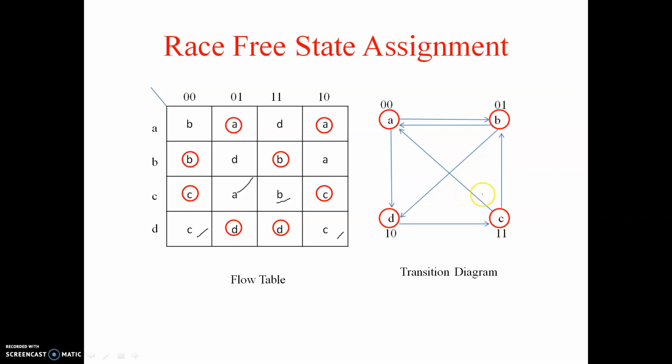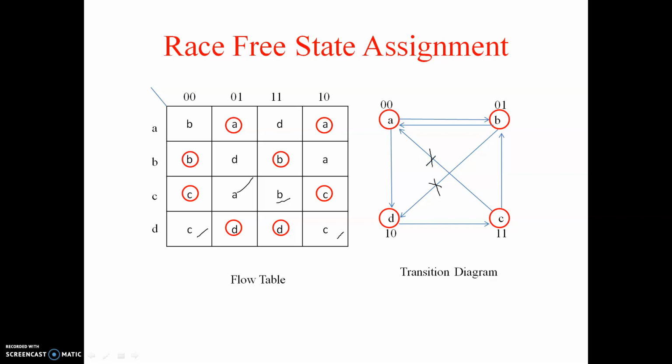So we find a race from B to D and from C to A. Now we have to eliminate the race.